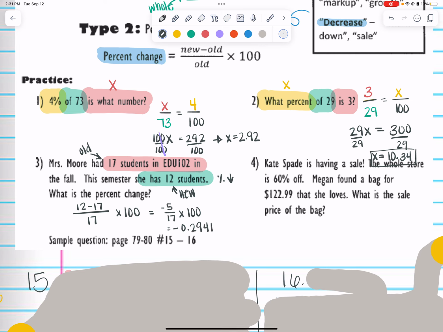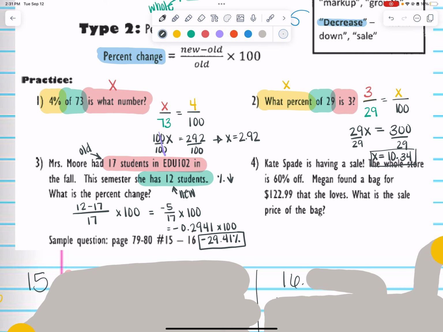We'll just round it off to 4 decimals. Times 100 is going to be negative 29.41%. And the reason it's negative is because it was a percent decrease. So from the fall to the spring, there was almost a 30% decrease. Theoretically, I just made these numbers up.